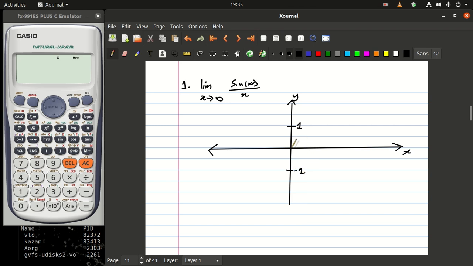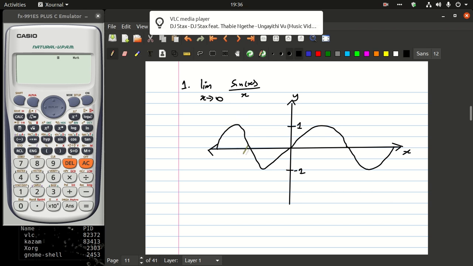Sine of x is going to increase all the way up until it arrives at 1, and then it's going to start coming down, and then it's going to start going up a little bit. And then here it is going to go down and then start going up all the way, and then go down again.